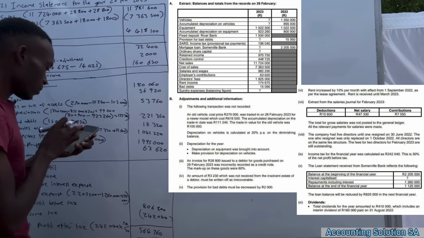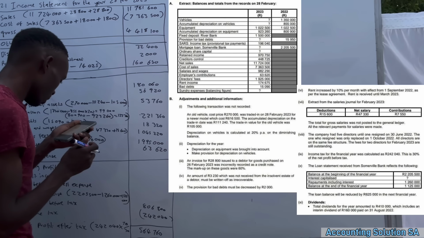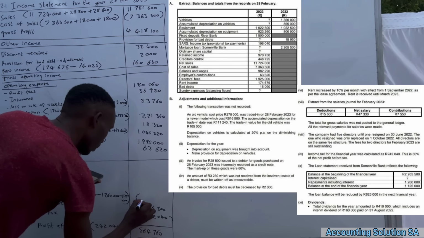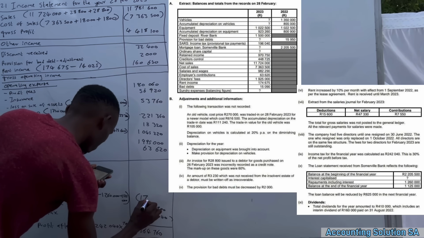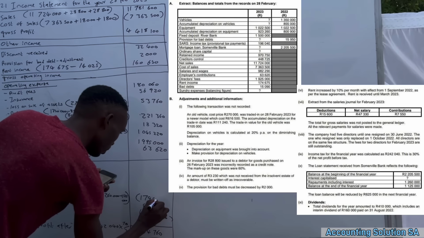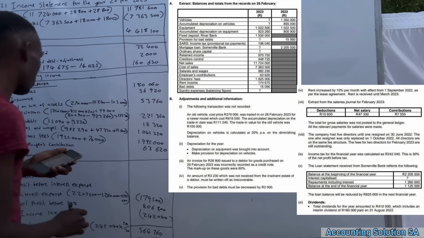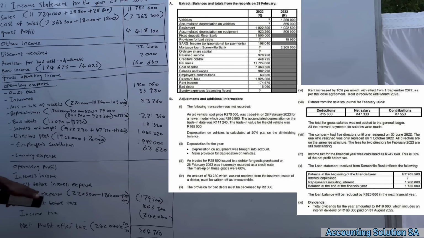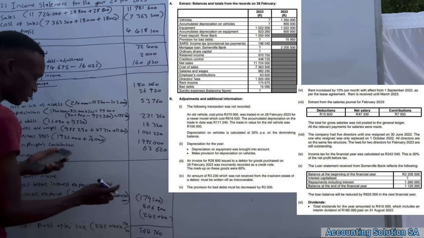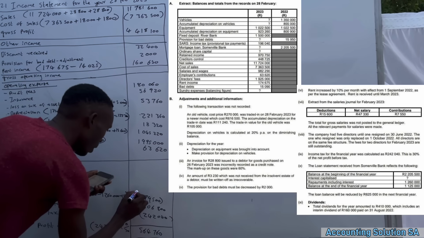Then after that, you will get interest expense of 179,500, which is negative because it's interest expense.